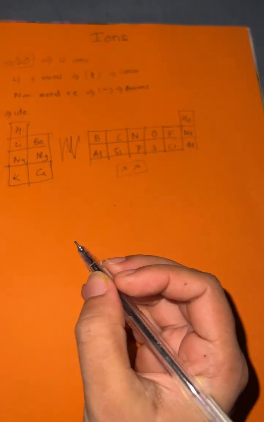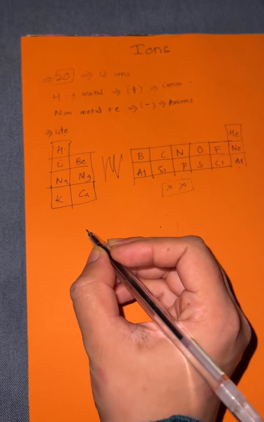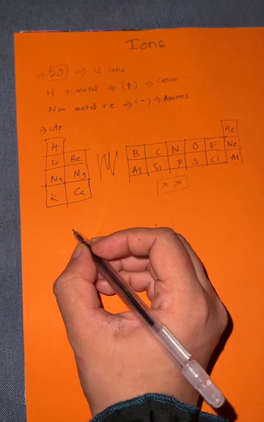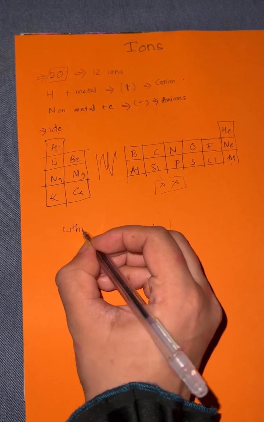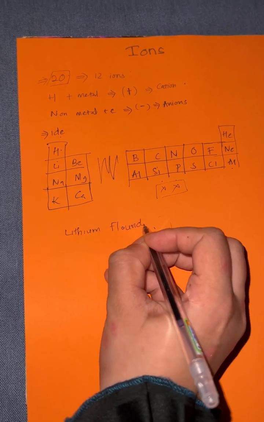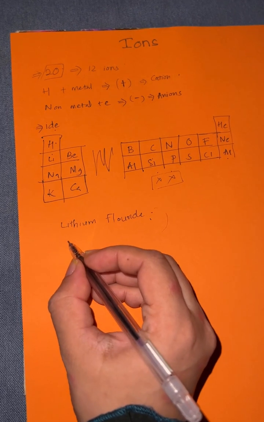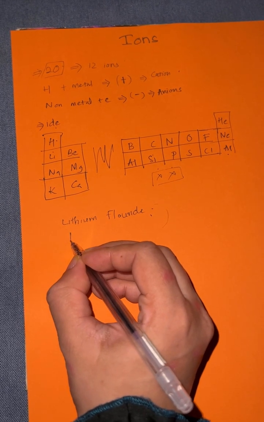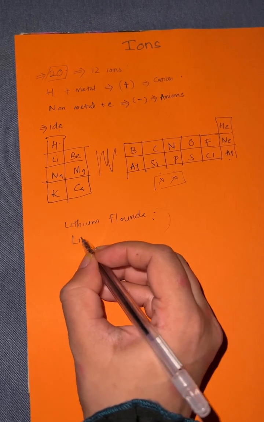Then the next thing we are going to discuss is how to write the name of an ionic compound. For example, lithium fluoride. We always write the element's name; the first letter should be capital and the rest simple.